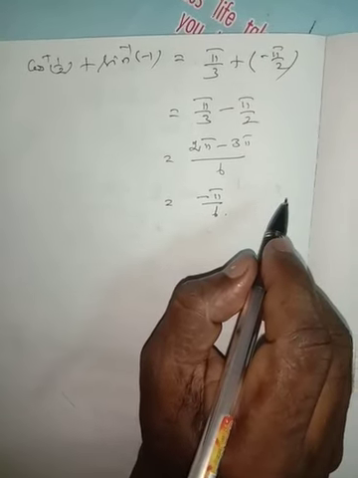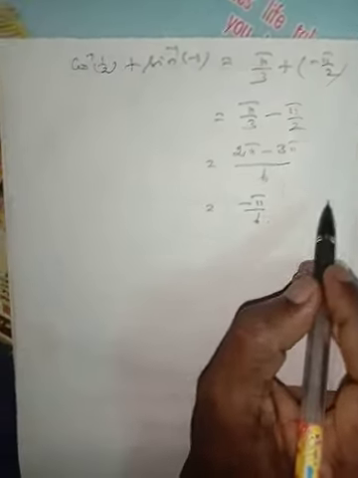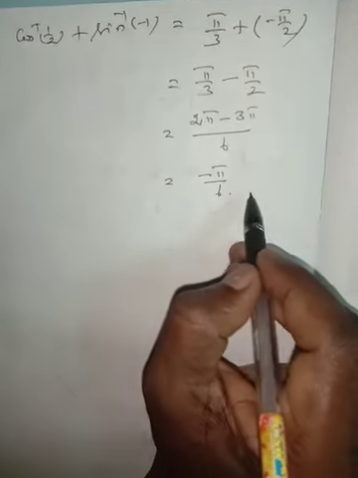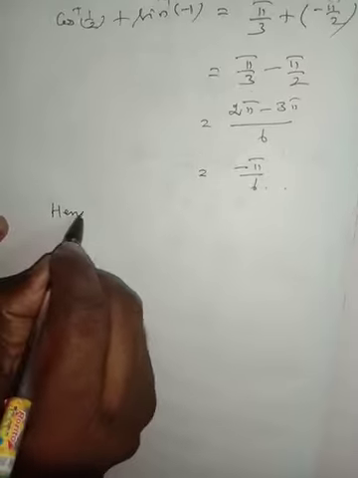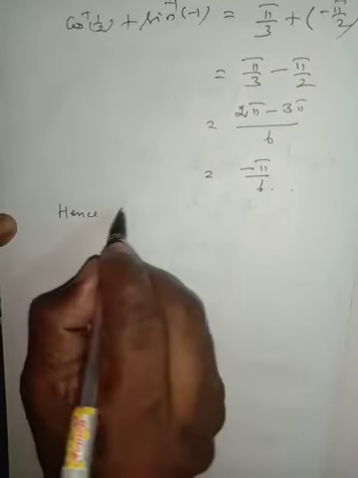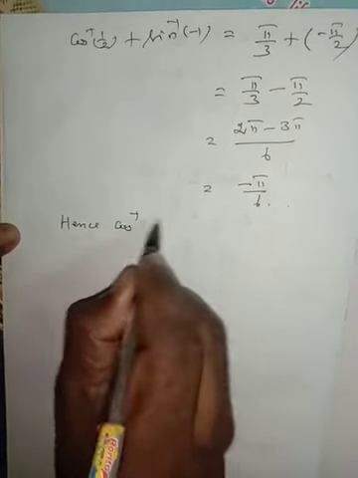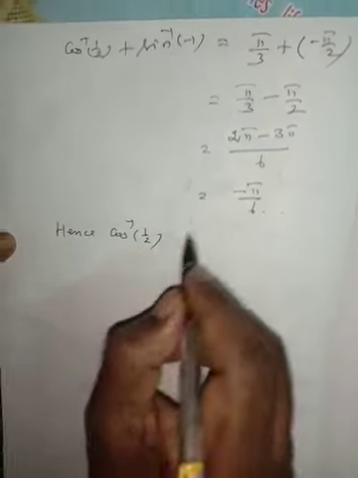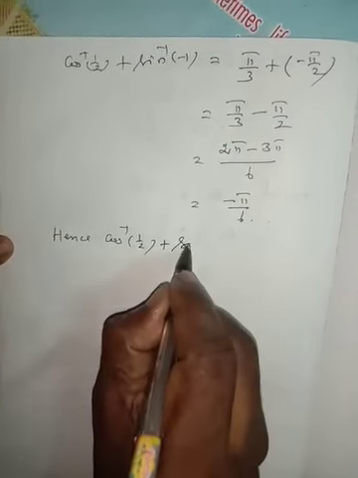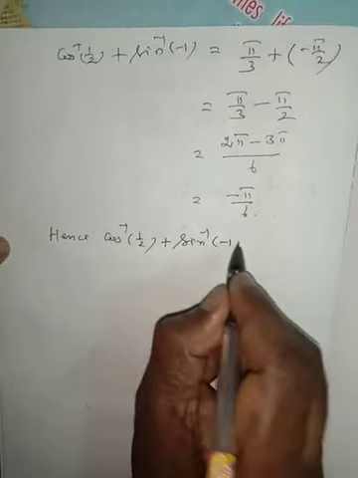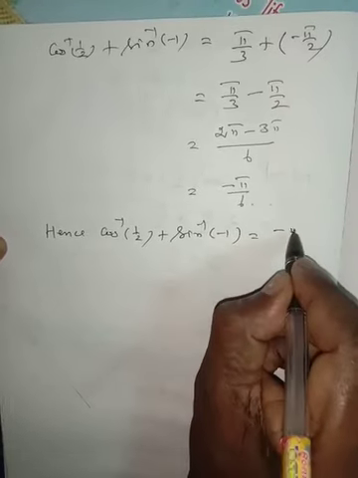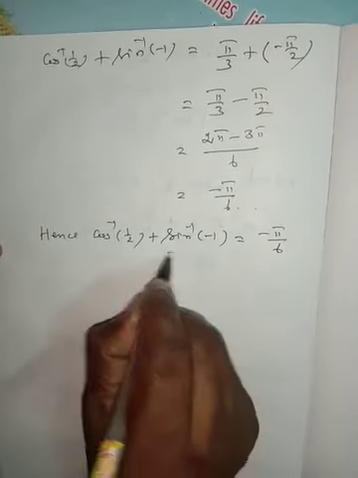Minus pi by 6 belongs to minus pi by 2 comma plus pi by 2. Therefore, hence the value of cos inverse of 1 by 2 plus sin inverse of minus 1 is equal to minus pi divided by 6.